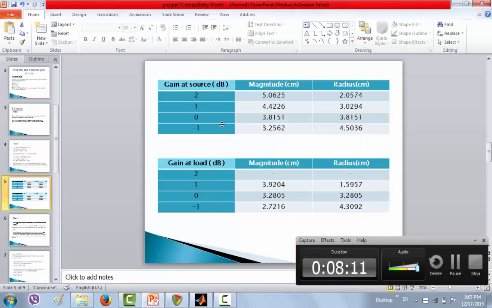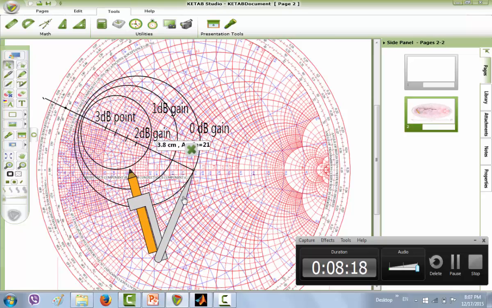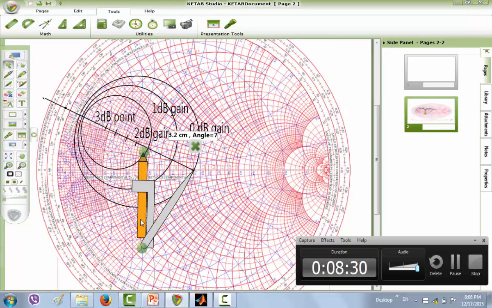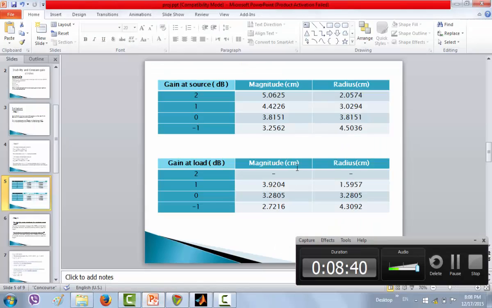Now for the -1 dB, its center is at 3.25, so back to the origin and 3.2. So the center is here, and from this center we're going to draw a circle which has a radius of 4.5.